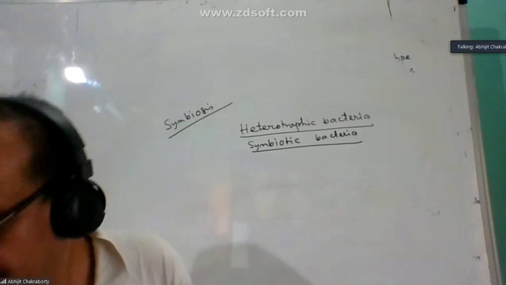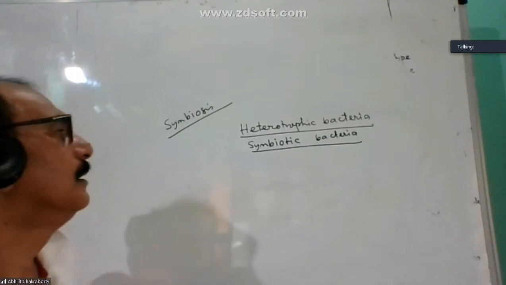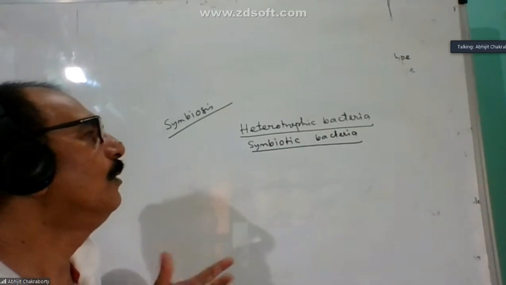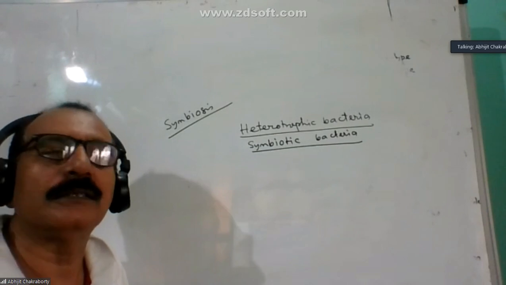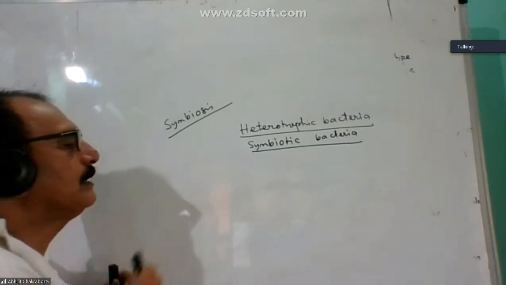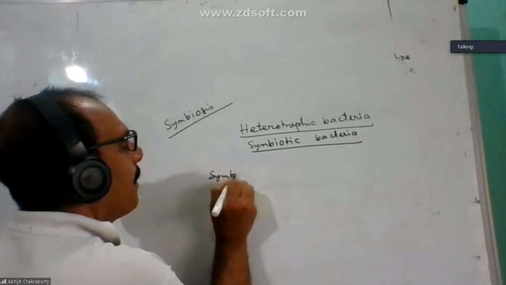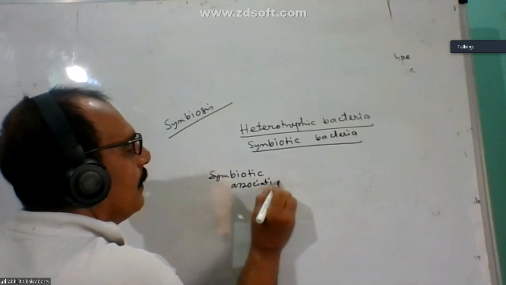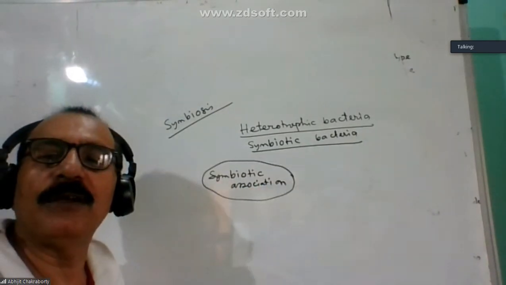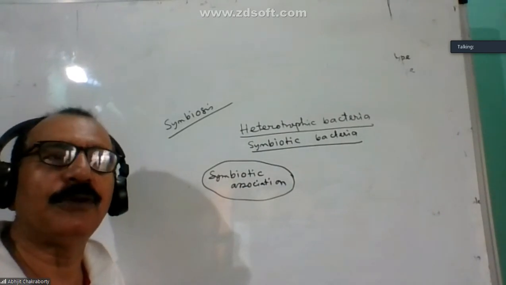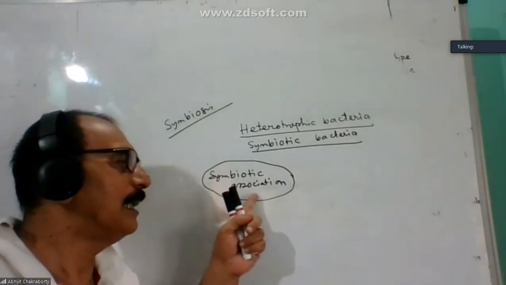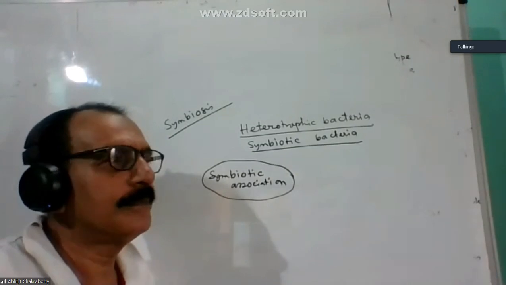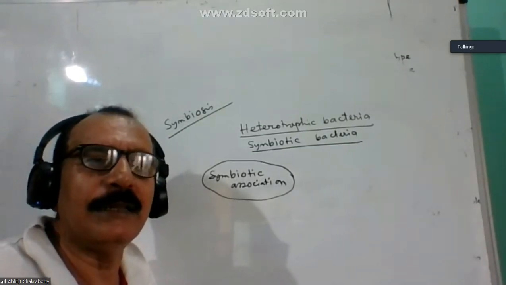Symbiotic bacteria are those bacteria which are found to be in symbiotic association with another organism. What is meant by symbiotic association? Symbiotic association is an association between two organisms of different species who are living together and nutritionally benefited.